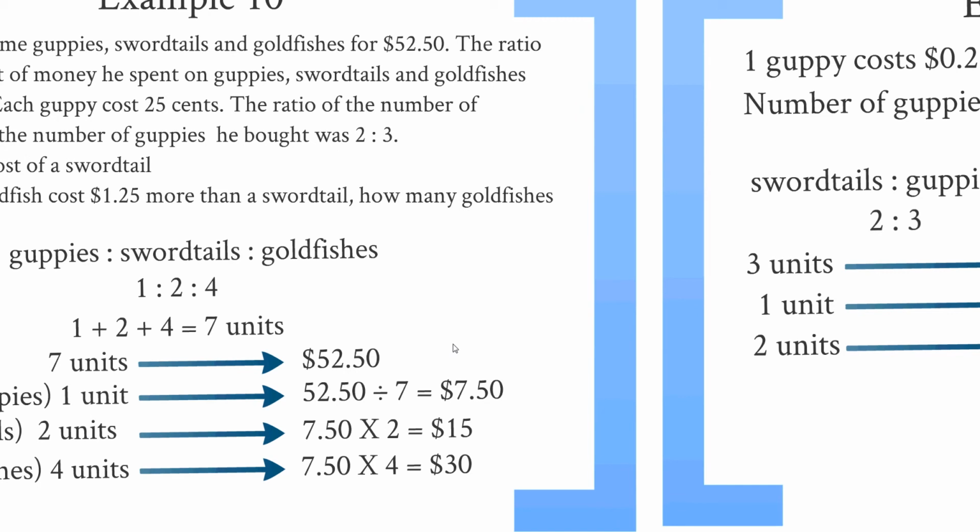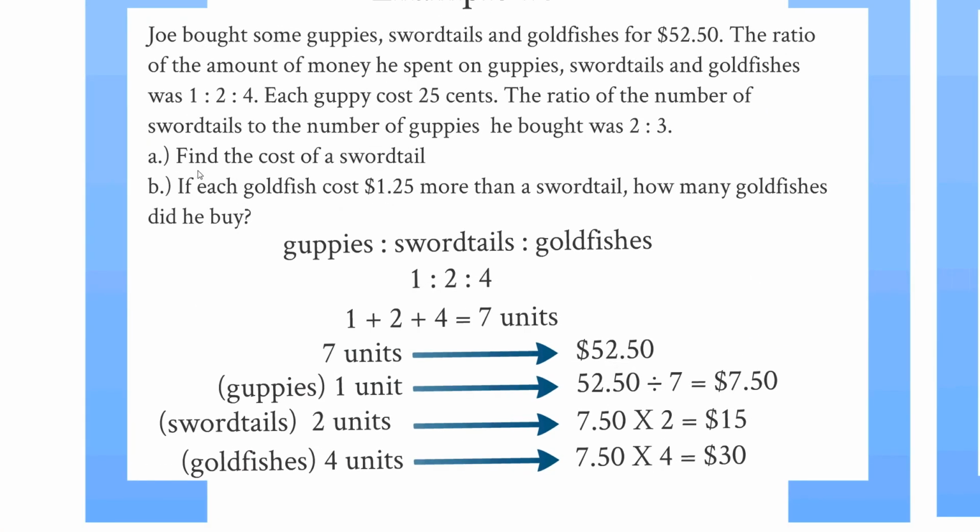But if you look at the question, it wants to find out the cost of a swordtail. They don't want to know how many swordtails he bought. Then for the cost part, we have to look at this section here, which is our previous step. We know that he spent $15 in total on all the swordtails.